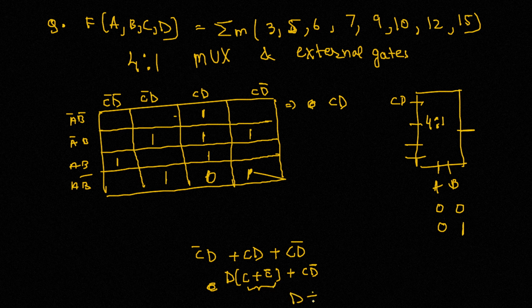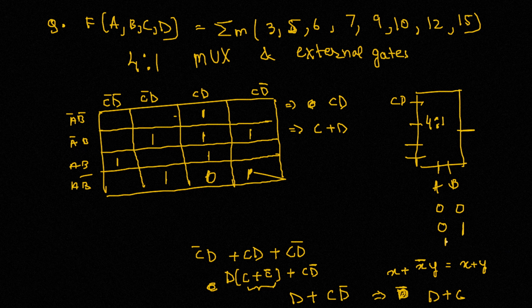So we can just write this as D plus CD complement. And we also have an expression that x plus x dash y gives us x plus y. So we can just write this as D plus C. So the output for this is just C plus D for A complement B, right?